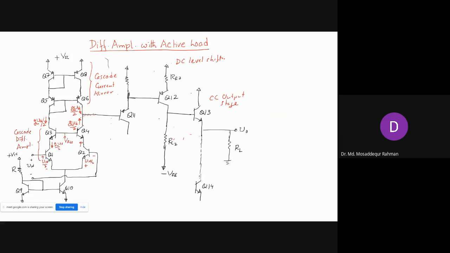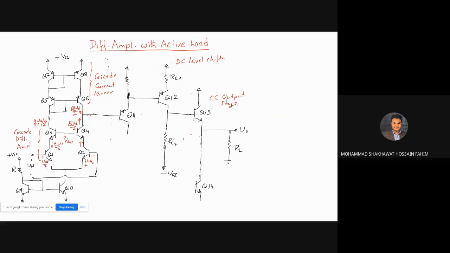This common collector output stage. And what is Q11 here? Sir, gain stage. What is the configuration here?